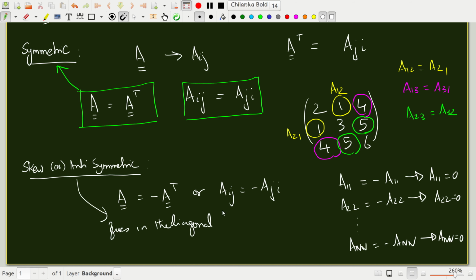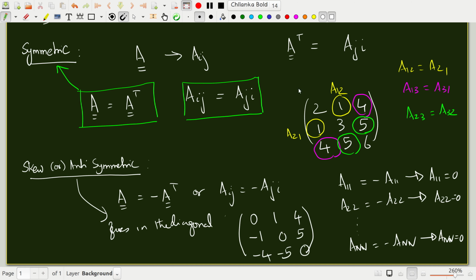Along the diagonal. Okay. Now, you can also imagine what an antisymmetric matrix will look like. For example, say this is 2, so 0, 1, minus 1, right? 4, minus 4, 0, 0, 5, minus 5.